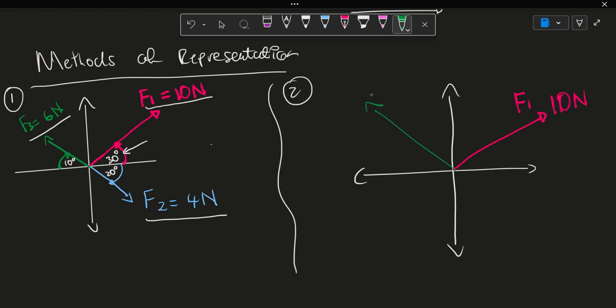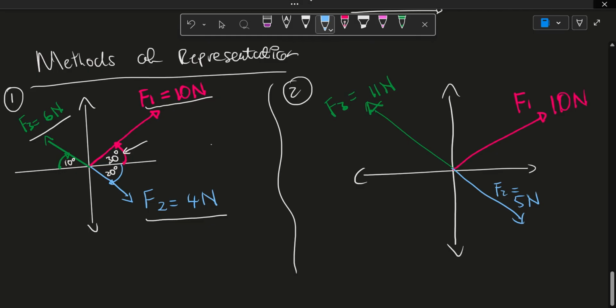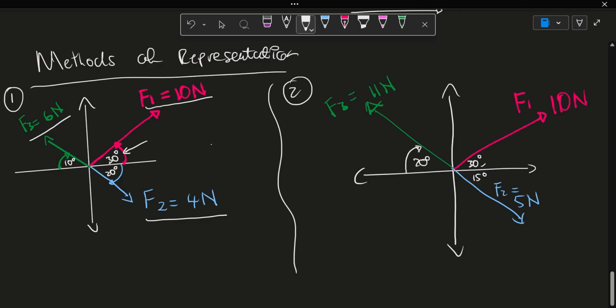Let's make that 11 newtons, and that's F3. Come back down here, and that's 5 newtons, and that's F2. Oh sorry, I forgot the angle, so that's 30. Let's take this up a notch and make it 15, and this one 20. Remember the angle of inclination.